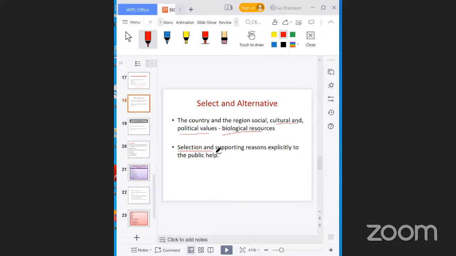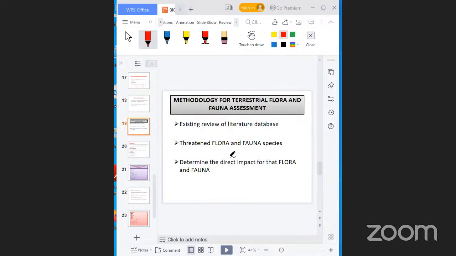So, making the selection and supporting reasons explicitly to the public, that is to ensure the equitable distribution, right?